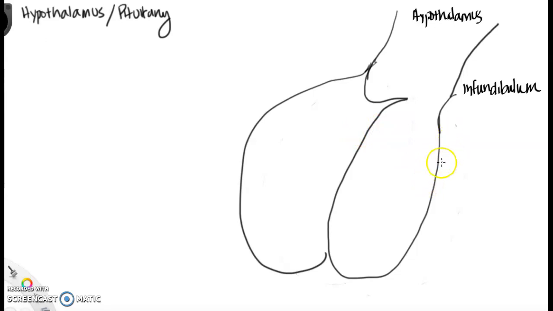So this back part is the posterior pituitary, and the front part is the anterior pituitary.